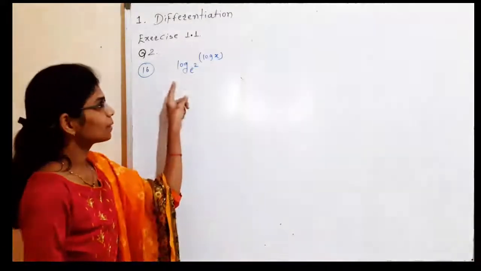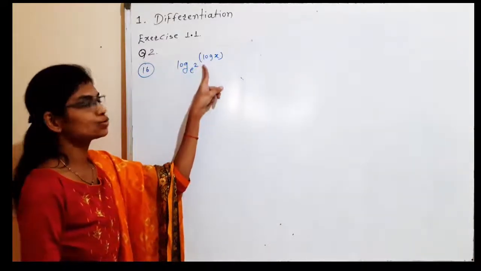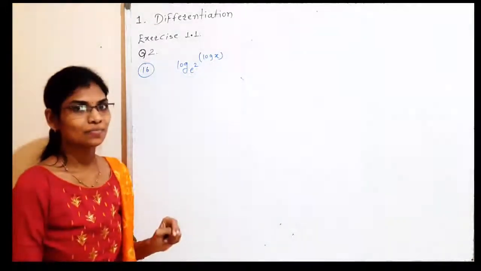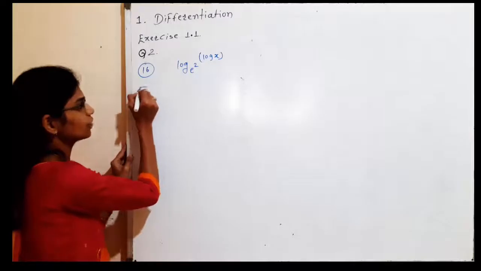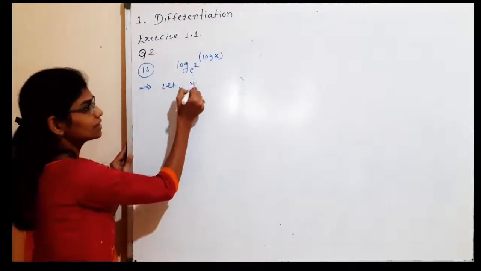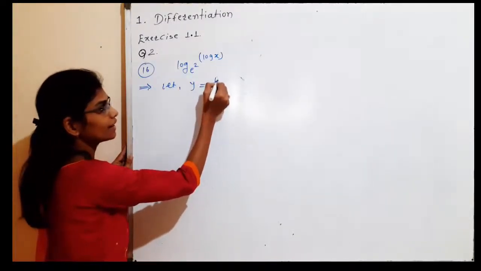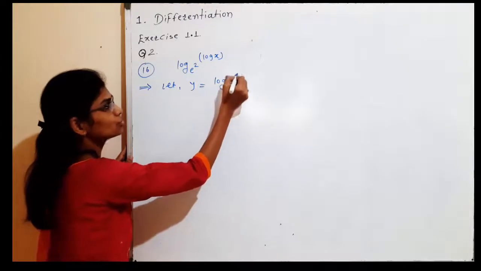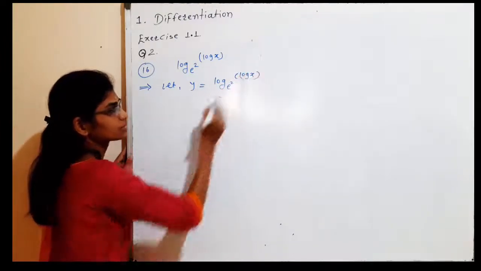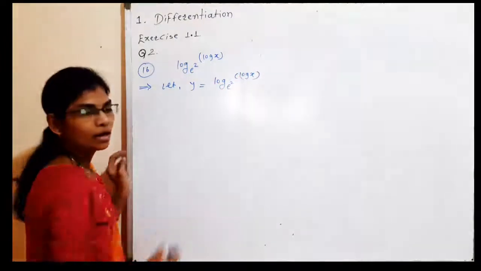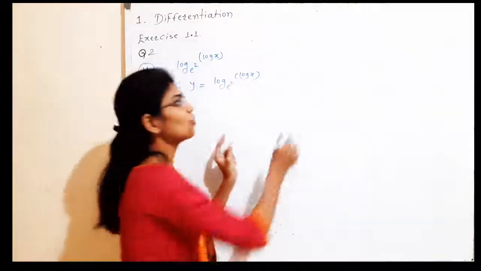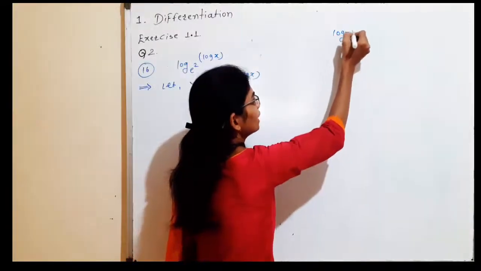Now the next example is log of e raised to 2 to the log x. First of all, consider y is equal to the given function, and that is log of e raised to 2 to log x. Here the function is in the form of log of a to the b.